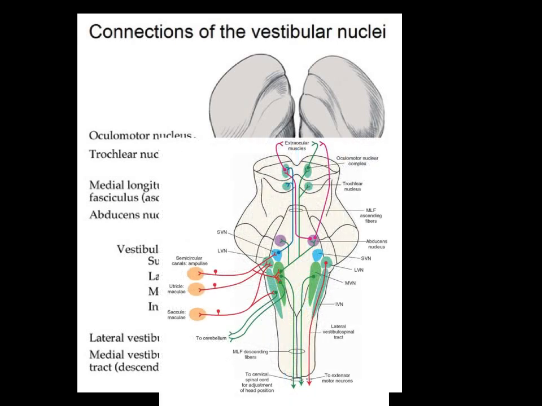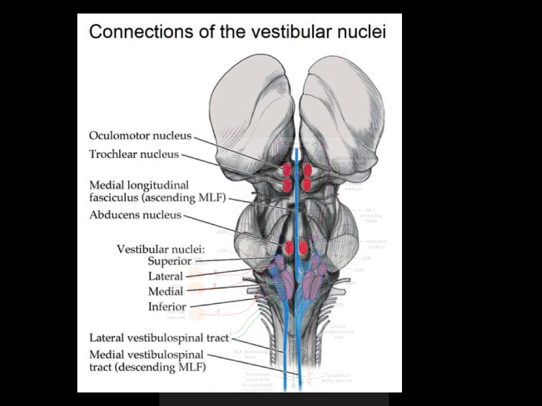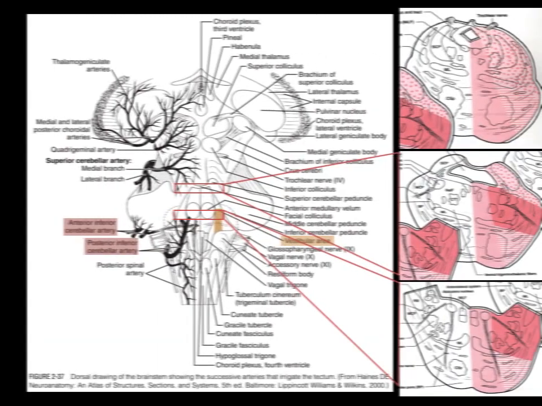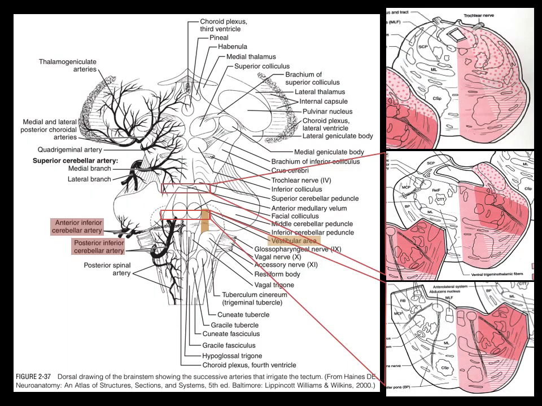So here are the vestibular inputs into those nuclei, and then here are those nuclei again, particularly the extraocular movement nuclei, the abducens, the oculomotor, and the trochlear. Here we're going to overlay these on top of the vascular image on the left.